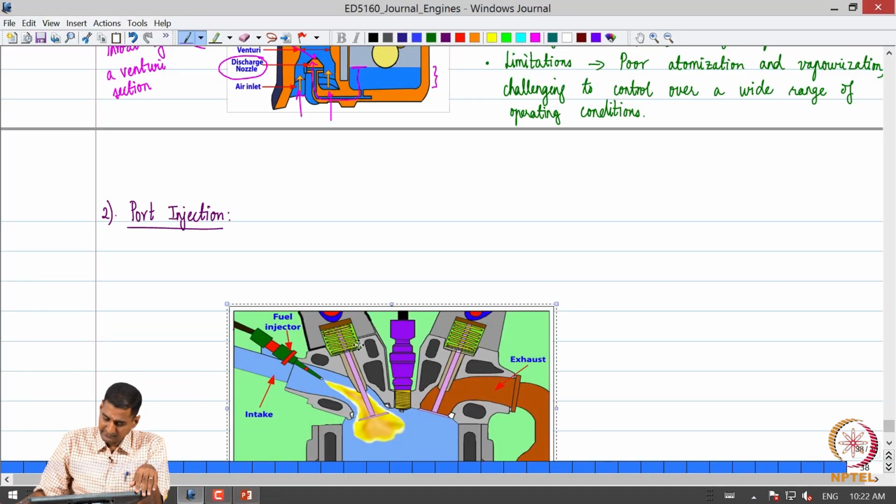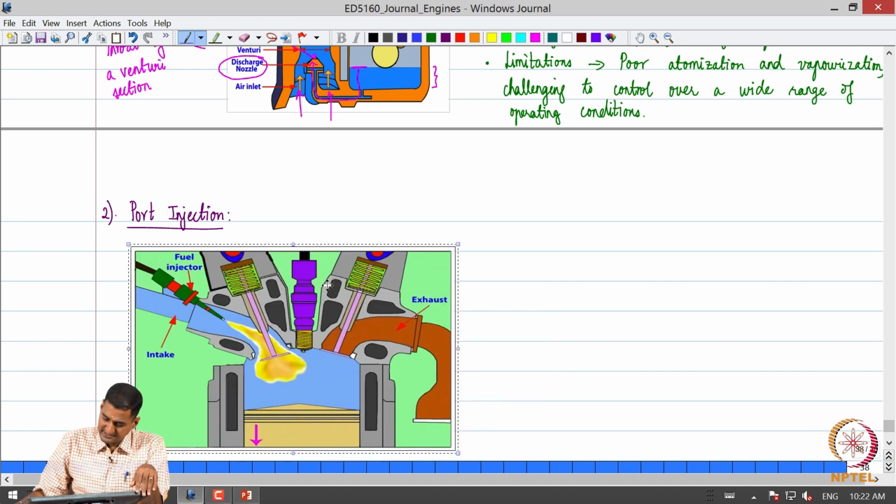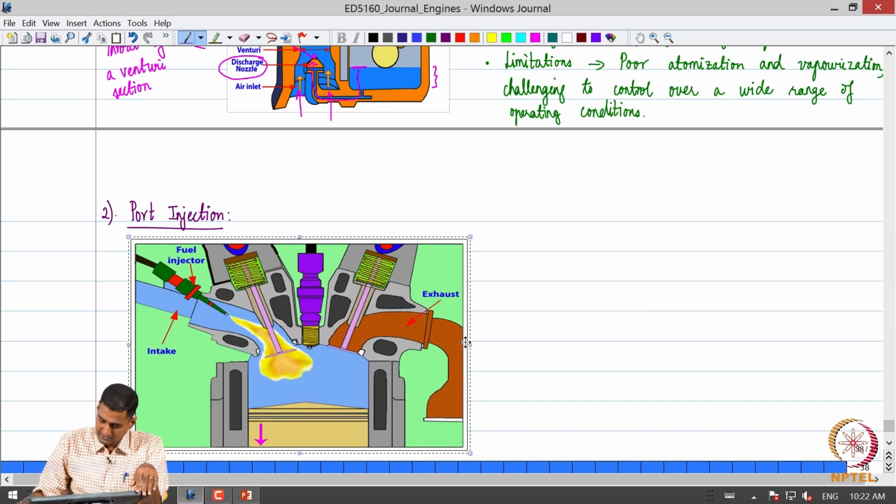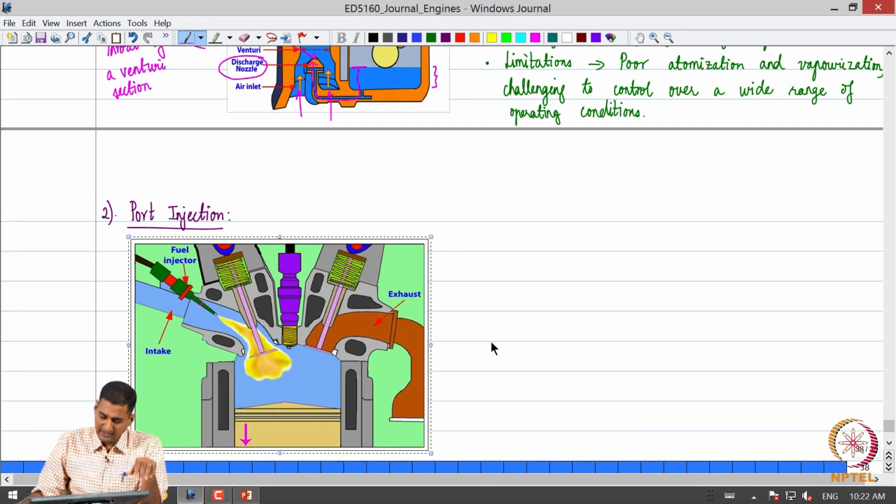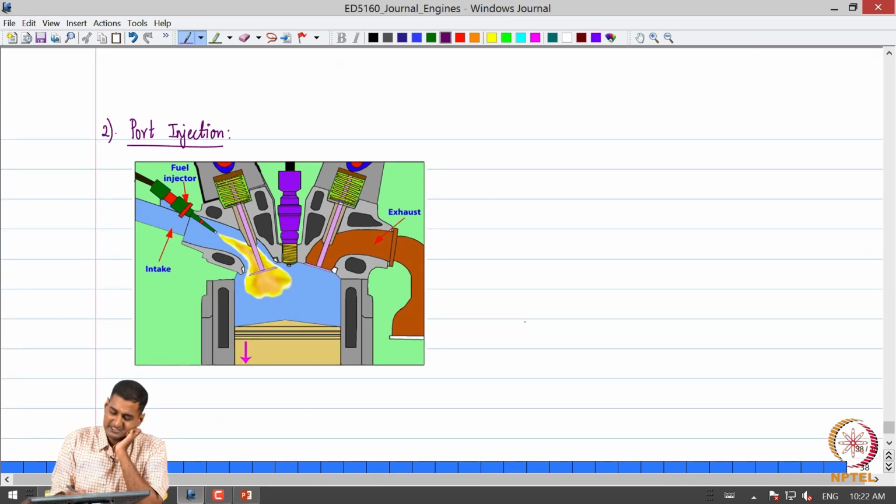In this system, what happens is that we have the piston and the cylinder, and this is the intake manifold path. It comes from the intake manifold.